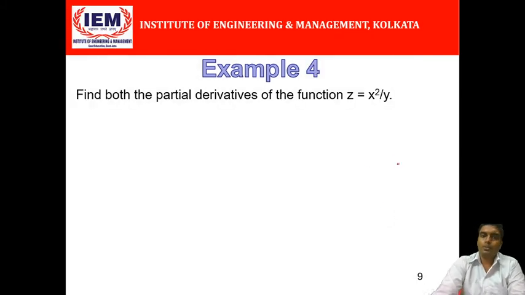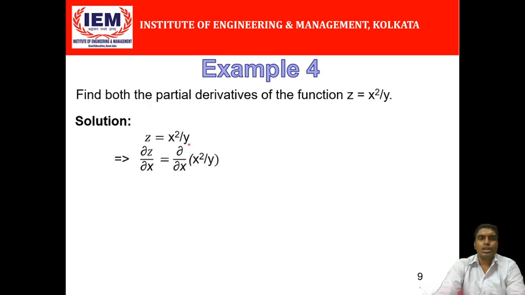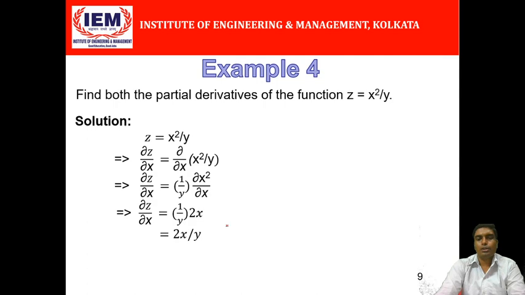Now the fourth example. Suppose you have the function x square by y. First we differentiate this function with respect to x, then y is constant. I can take y outside of the differentiation, so it will be 1 by y del x square del x. Del x square del x is 2x, so it will be 2x by y.